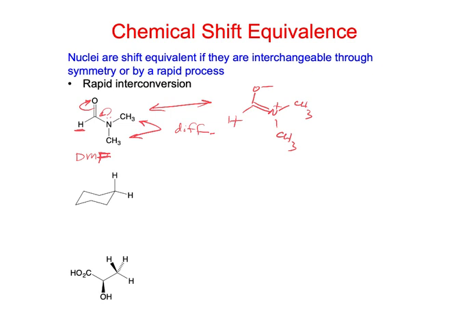So this amide carbon is sp2 hybridized rather than sp3, and it's all lying in a plane. So those two methyl groups have different chemical shifts. We have a slow interconversion in this case.